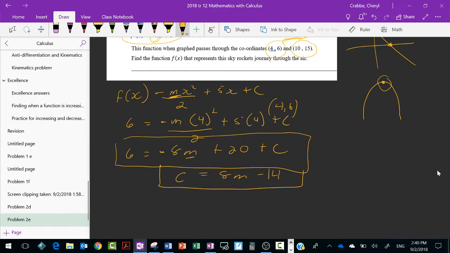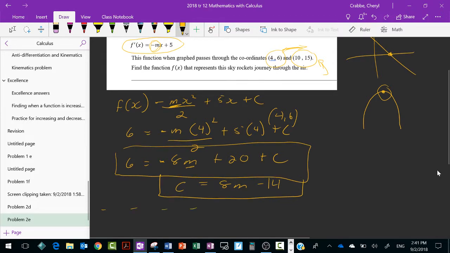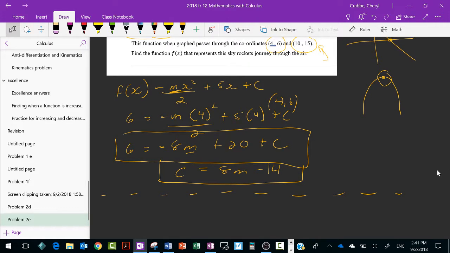Now, I've got another point, so I can do this all again, and then I can start looking at simultaneous equations. Because when I've got an extra unknown, maybe simultaneous equations will help me out. So I'm going to do it for the other point. 15 is equal to negative m times 10 squared over 2 plus 5 times 10 plus c.